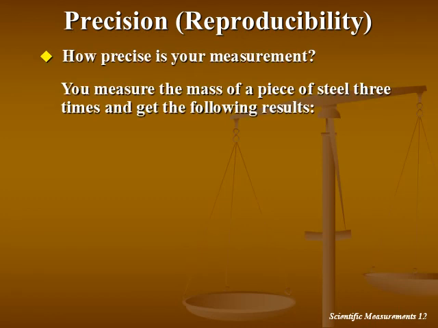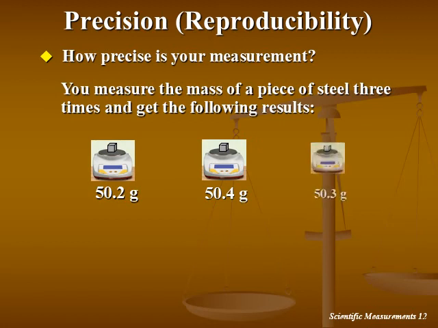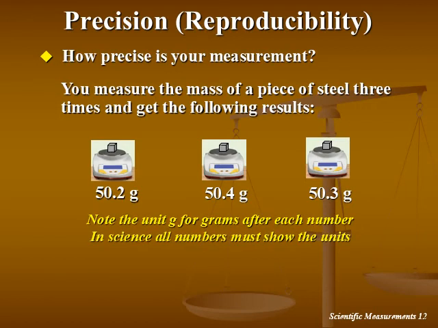Precision is often called a measurement of reproducibility. How precise is your measurement? For example, you measure the mass of a piece of steel 3 times and get masses of 50.2 grams, 50.4 grams and 50.3 grams. When you record the data, always make sure that units, in this case grams, follow the number.